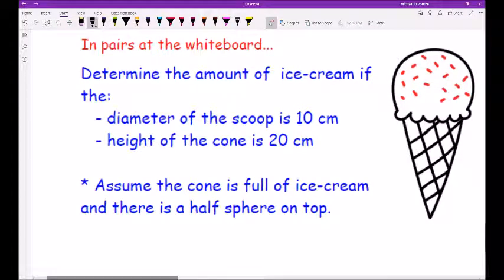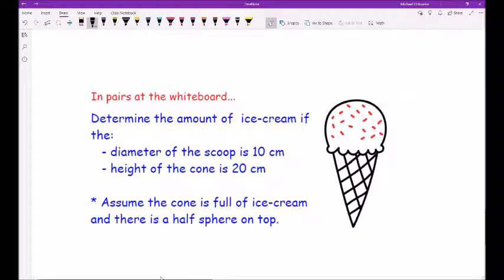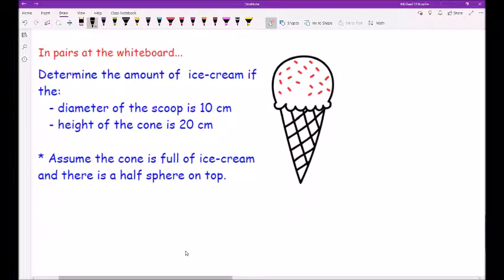So, here's a big question for us. Okay? Let's determine the amount of ice cream we have here. Okay? Assume the top of the cone is a half sphere.